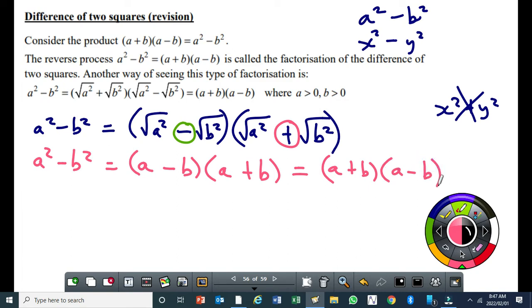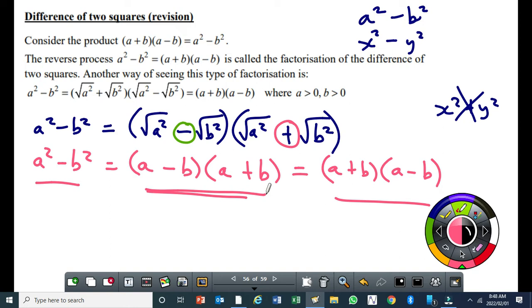If you go back to your knowledge of FOIL, if you use FOIL to remove brackets, either this way or that way will take you back to the original. So it's up to you. Generally, I prefer this one. You can decide which way you prefer. I prefer to start with the minus, but if you start with the plus, it's fine.